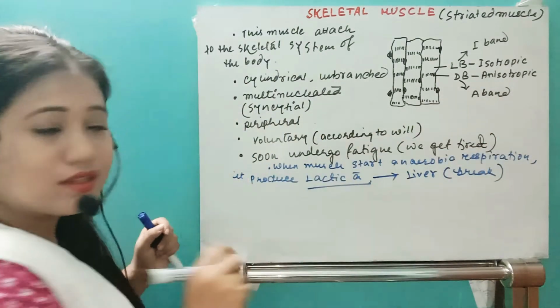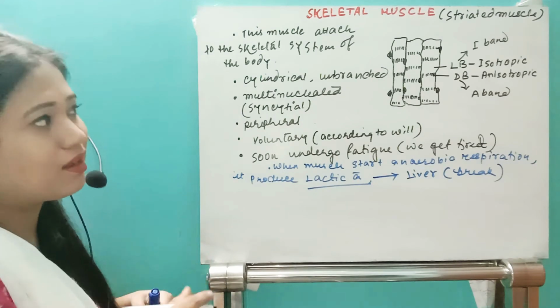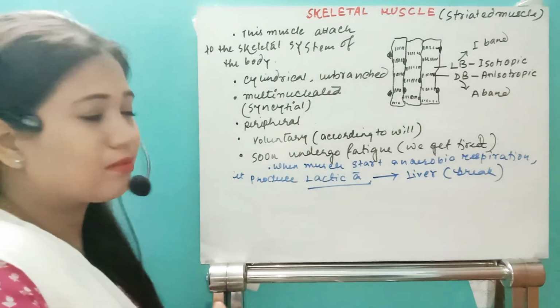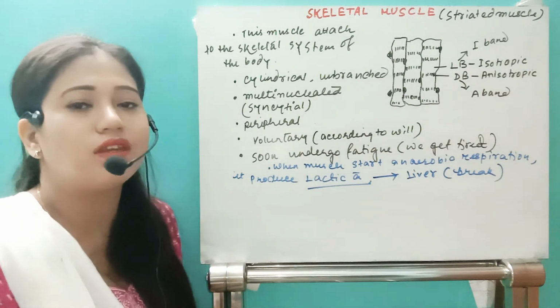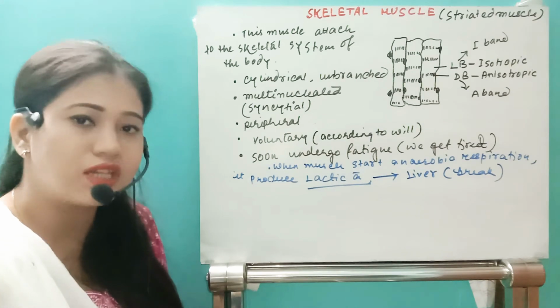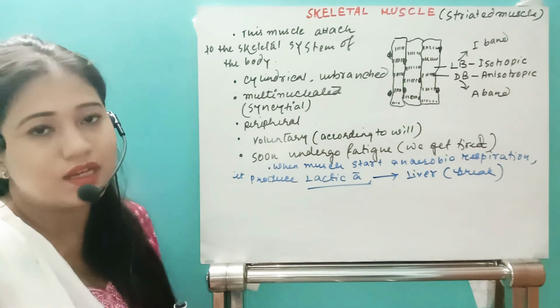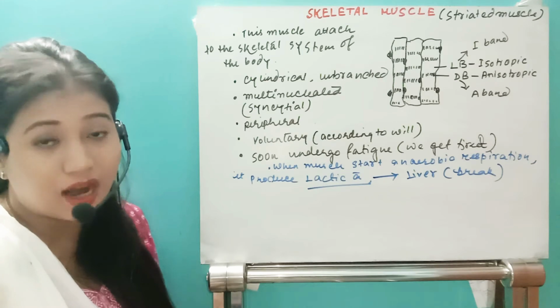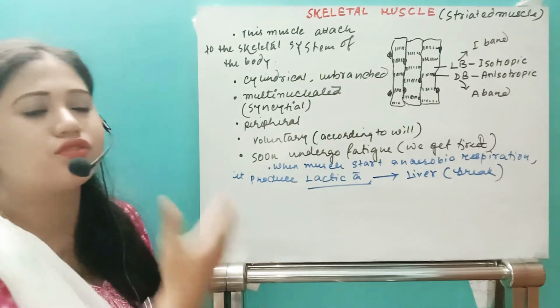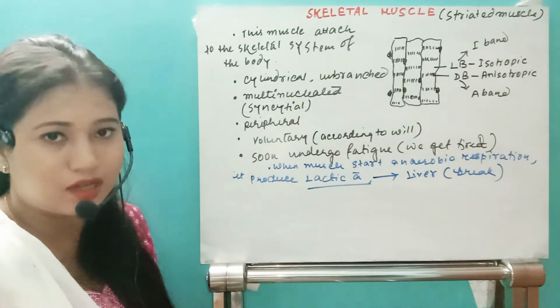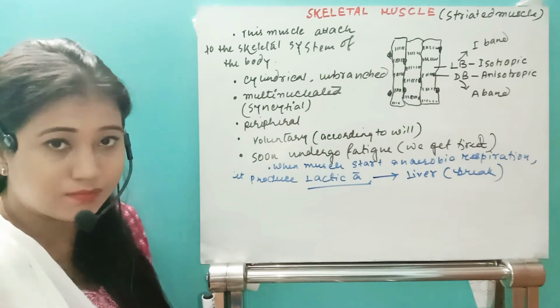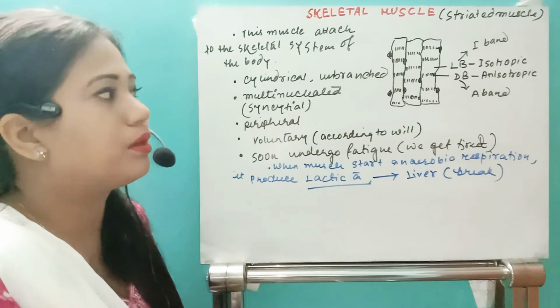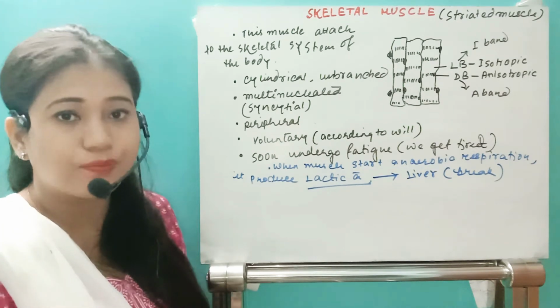One thing you need to know is that in the light band and the dark band, we have some definite proteins. If a band absorbs the light, it appears dark in color, and if it allows the light to pass through, it appears light.